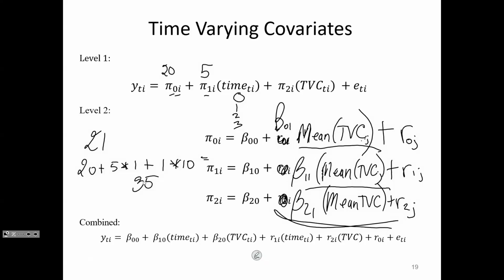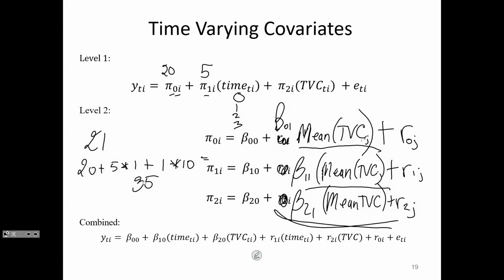Not the overall mean at age 6, not the overall mean at the start of the study, but the overall mean across all time points and across all people. So it would be: what's the predicted reading score for a kid at age 6 whose vocabulary is as good as an average kid, averaging across people and across time?